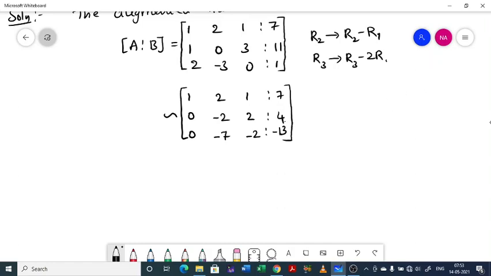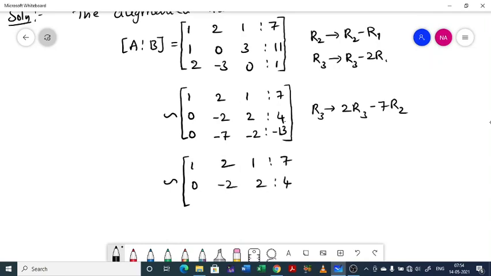Now I have to apply operations. R3 changes to, same sign means you have to use negative here. So 2R3 minus 7R2. So first two rows no change. 1, 2, 1 colon 7. 0 minus 2, 2 colon 4. And 0, this will be 0 because minus 14 plus 14 will get 0.